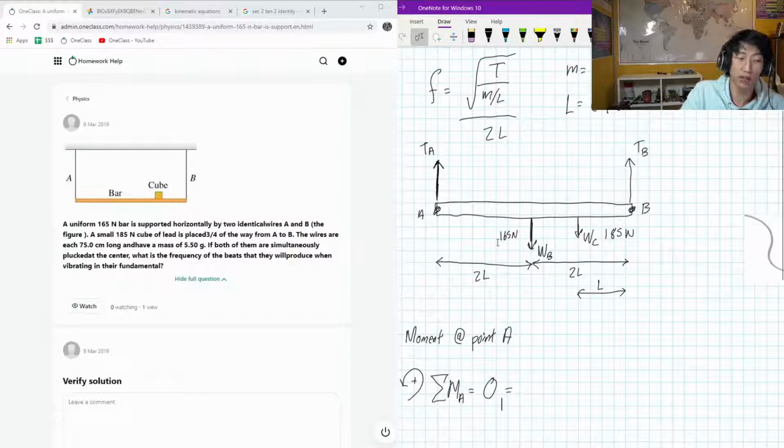That's what the moment is, our tendency to rotate. Our WB is going to try to make us rotate in the clockwise direction, so that's negative WB. We multiply it by the distance it is away from the point we're hypothetically rotating about, which is A. In this case, it's 2L.